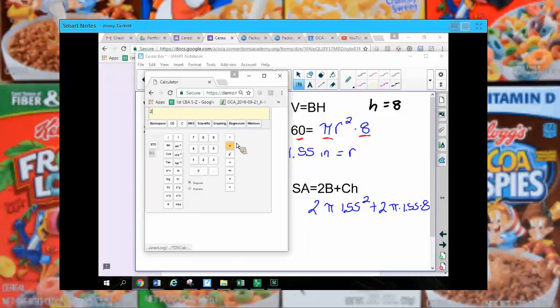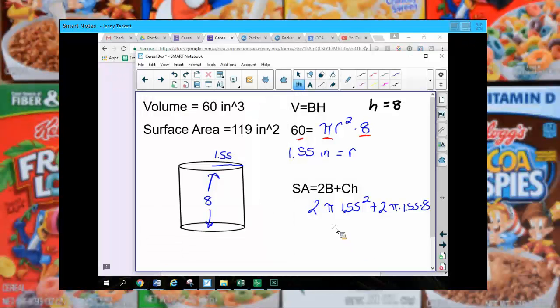So 2 times pi times 1.55 squared plus 2, because we have a radius instead of a diameter, times pi times 1.55 times our height of 8. I did indeed reduce my surface area to 93 inches squared.